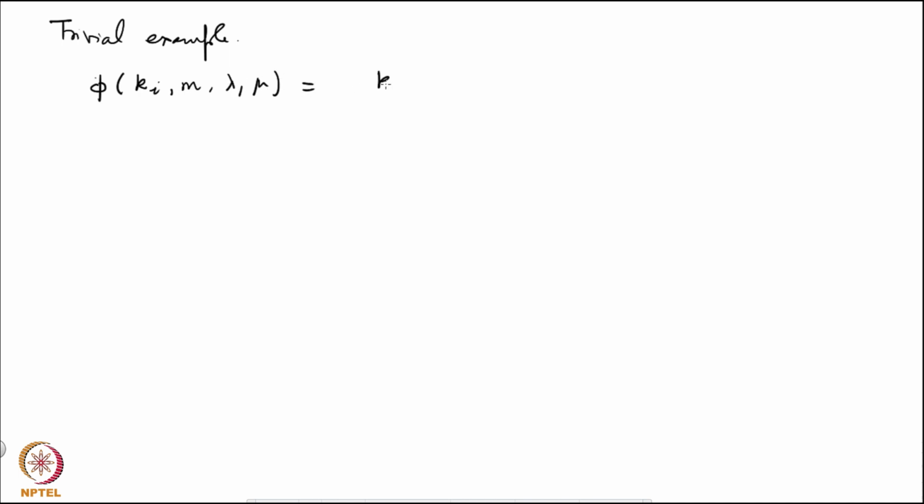Suppose this function is the following: k1 to the 4, k1 square k2 square, plus mu square k1 dot k2, plus m square mu square, plus lambda k2 to the 4.